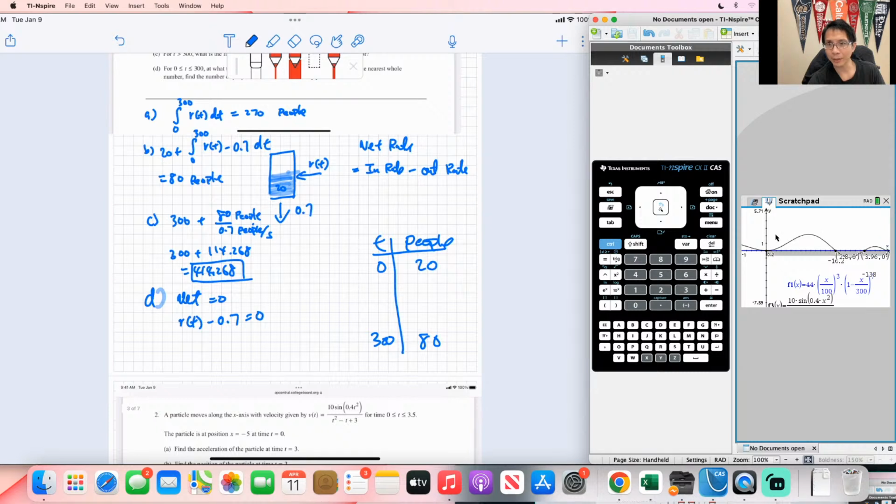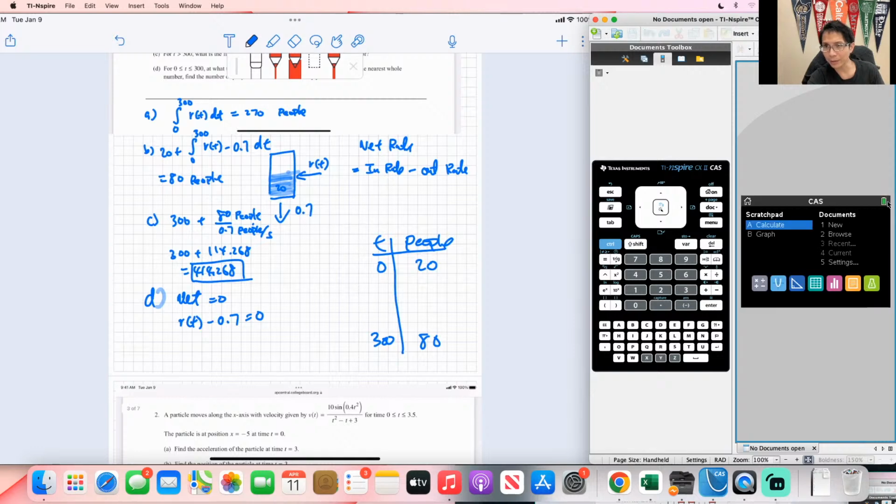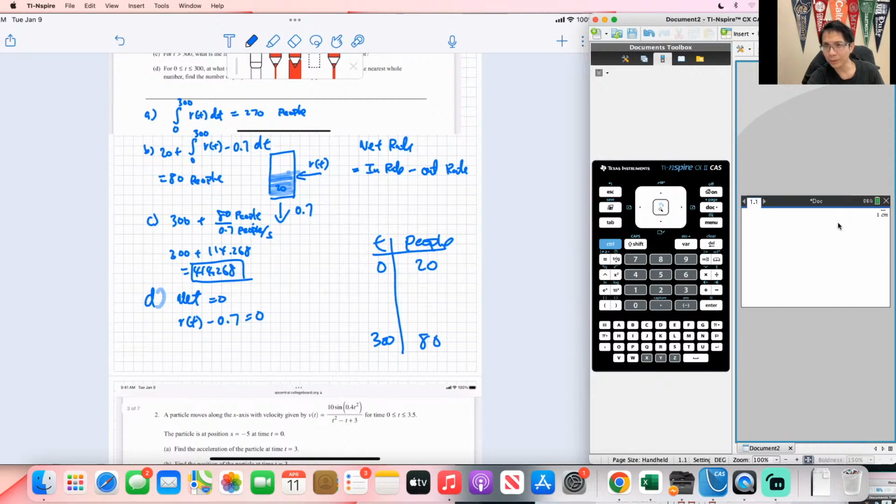So first of all, I'm going to put a tab and go to 2. That doesn't make sense. Why is this one f1 of x? You know what? Let me just restart the graphing, new, from scratch.